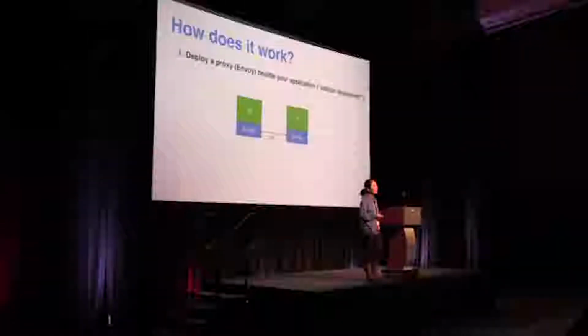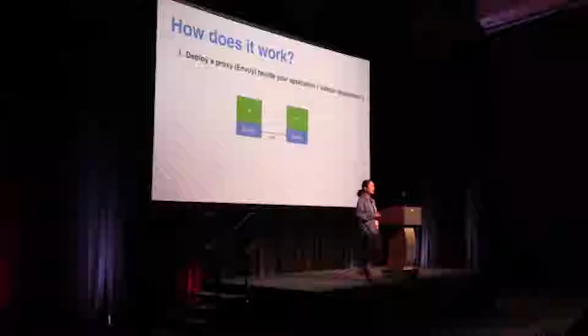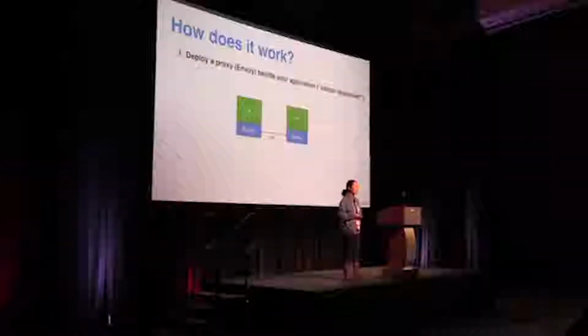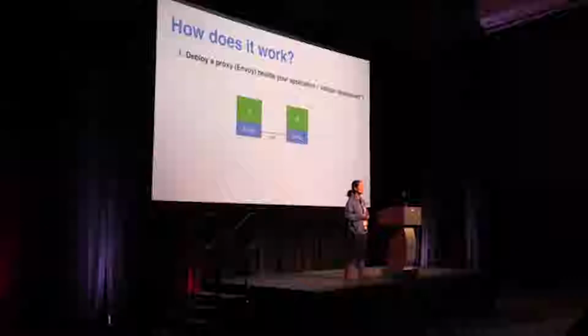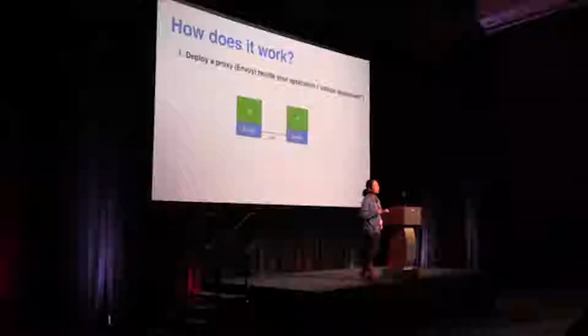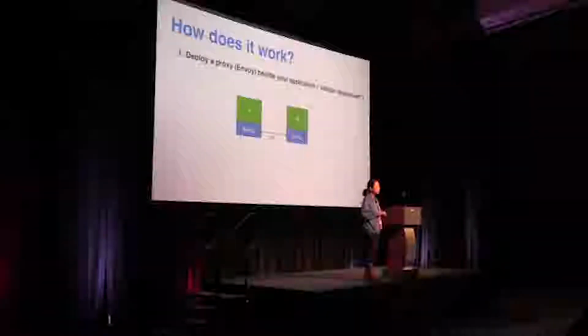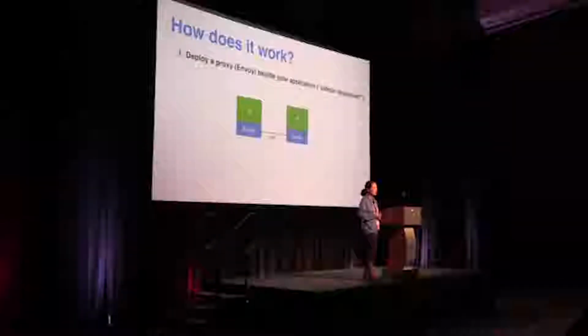Within an Istio environment, remember we talked about Istio as a platform that abstracts all the key functions, providing the network for services for you. That's through the Envoy sidecar.